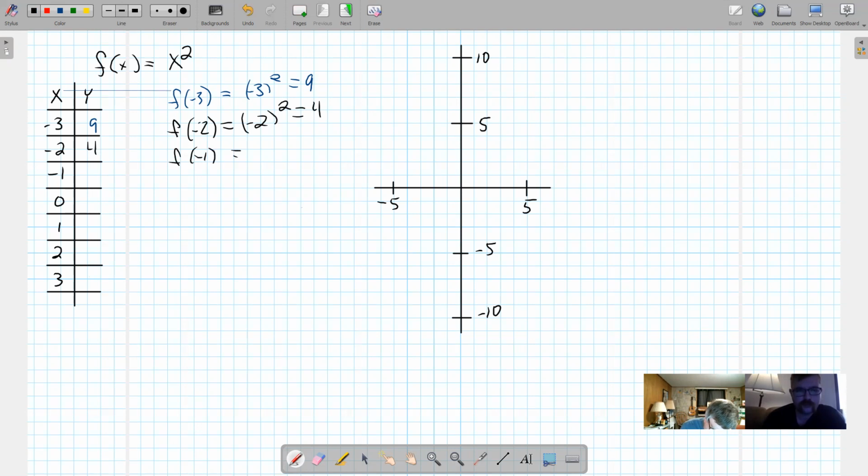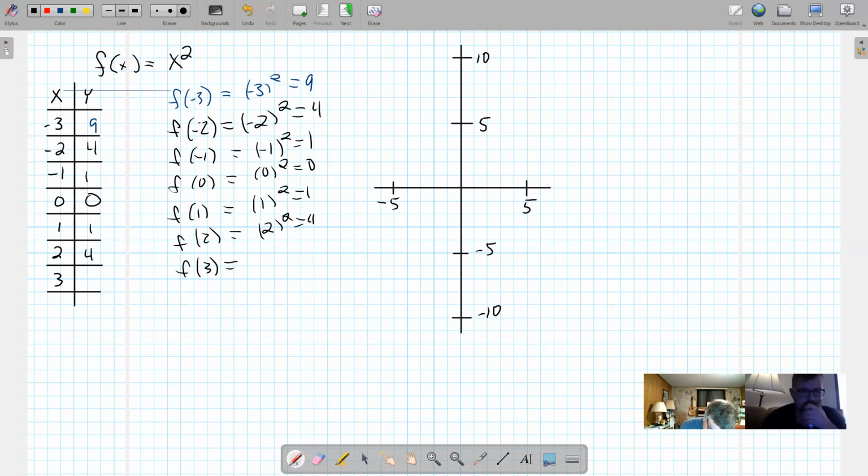F of -1 is -1 the quantity squared, which is 1. F of 0 is 0 the quantity squared, which is 0. F of 1 is 1 the quantity squared, which is 1. F of 2 is 2 the quantity squared, which is 4. And f of 3 is 3 the quantity squared, which is 9.